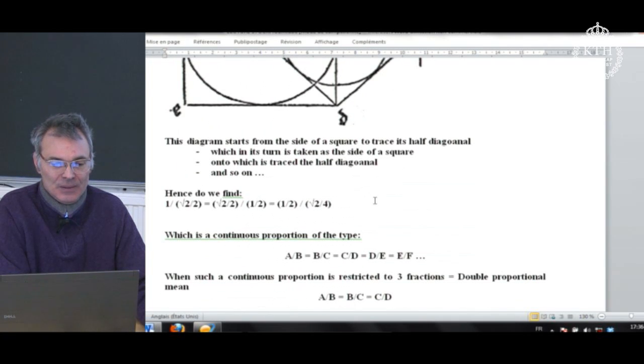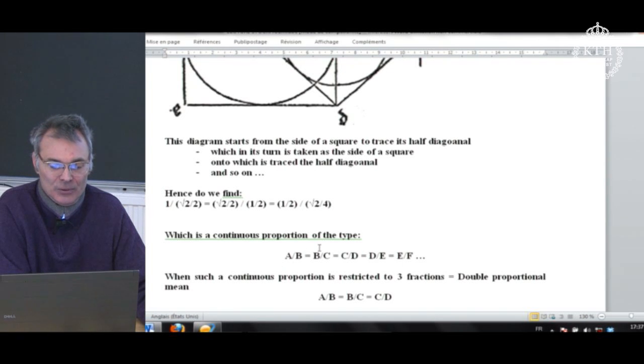You have to understand that in this diagram there is what mathematicians in antiquity, and still in the Renaissance, called continuous proportion. So what is a continuous proportion? A continuous proportion is a series of equal fractions in which you find at the numerator of a fraction the denominator of the previous fraction.